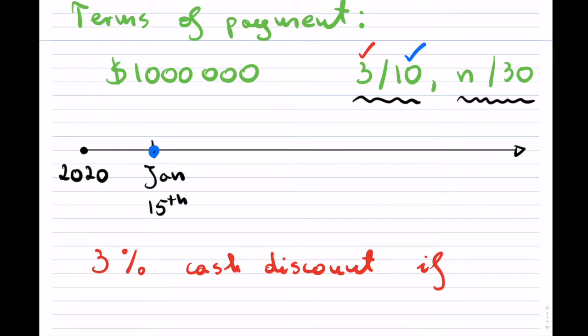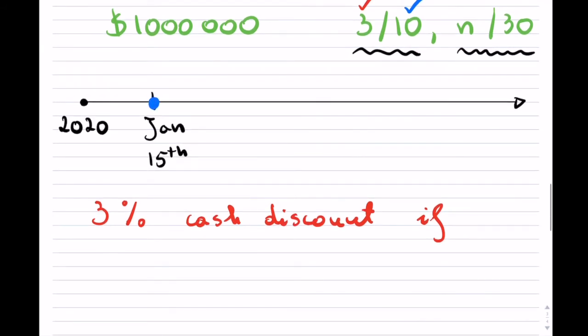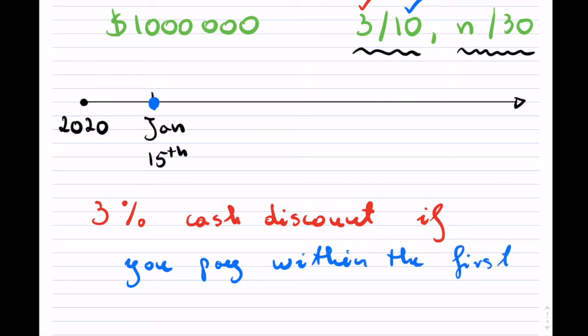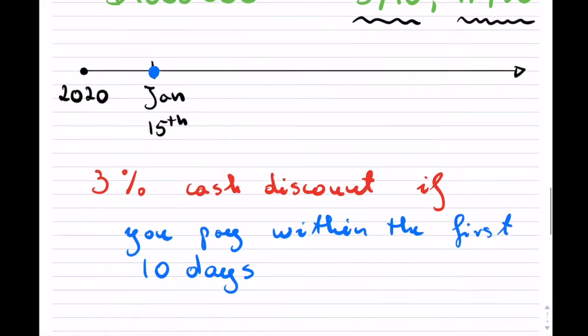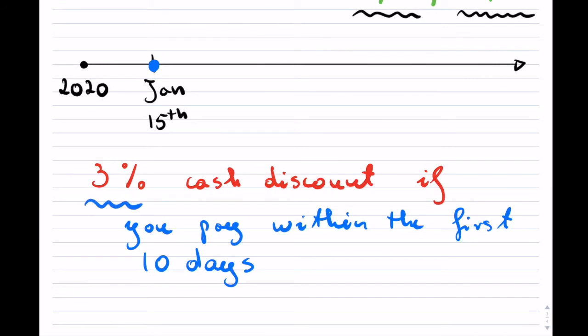So your invoice date was January 15th. If you pay within the first 10 days, you will basically get an additional 3% discount. So instead of paying 1 million, you're going to pay 1 million minus the 3%.